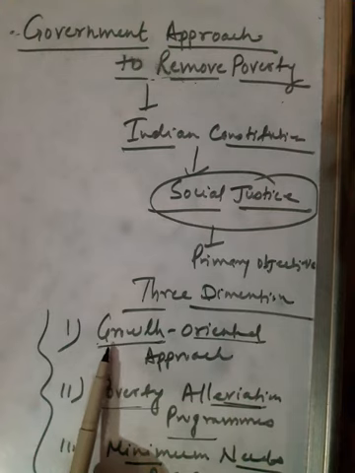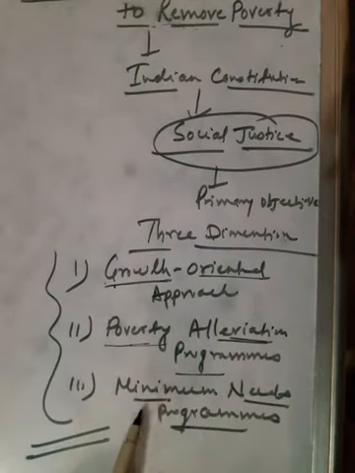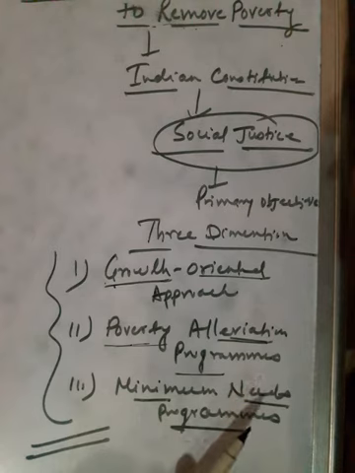In the growth oriented approach, I will discuss how the government tries to reduce poverty, and there are various programs run exclusively for poor people in our country, and various programs related to minimum needs, where the government provides the minimal requirements of poor people.